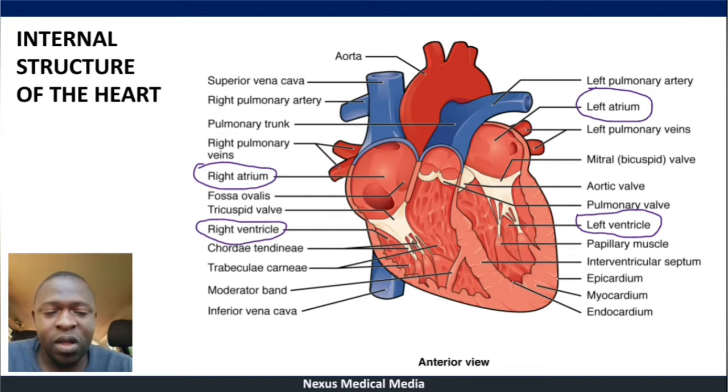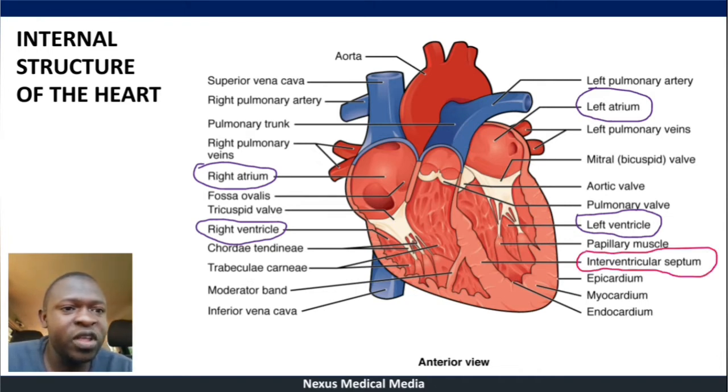And these heart chambers, the ventricles, that's plural. The atrium is one, atria, that's plural, right? So the ventricles and the atria are separated by a septum, right? So on this part, you can actually see it. It's called interventricular septum, separating the right and left ventricles, right?